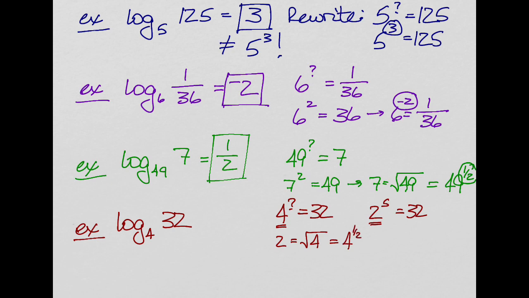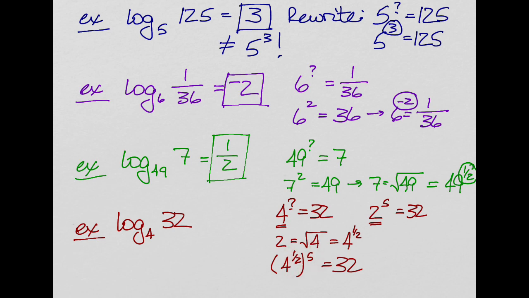And if I do that, then I can rewrite my 2 to the fifth. Well, 2 is 4 to the 1/2. That says 2 to the fifth power is 32. And now we'll have to think back to another rule of exponents. If I have 4 to a power to another power, I can multiply the exponents together.